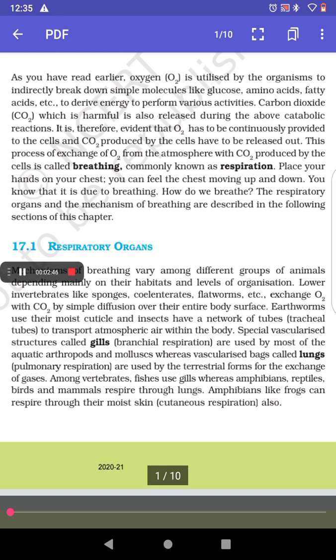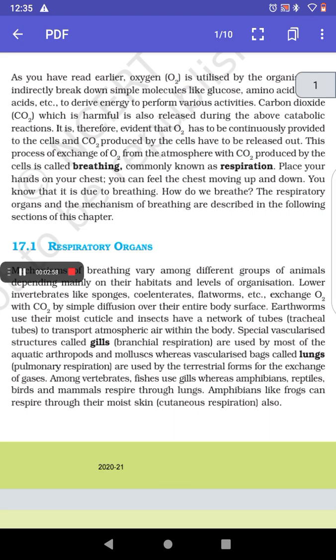Next, earthworms use their moist cuticle for respiration, and many insects which are living and flying use a network of tubes called tracheal tubes, and a specialized vascularized structure called gills.